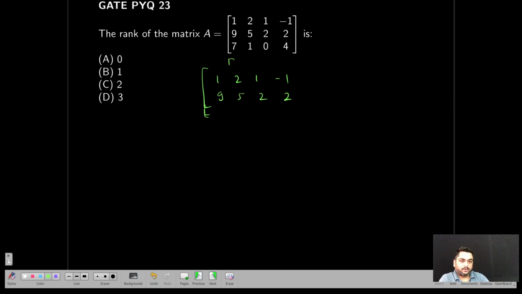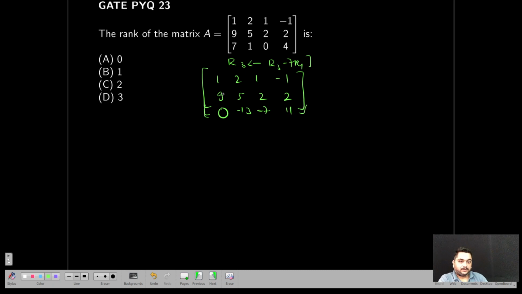I perform R3 is R3 minus 7 R1. So this becomes 0. 1 minus 14 minus 13. Then 0 minus 7 minus 7. Then 4 minus plus 7. So 11.